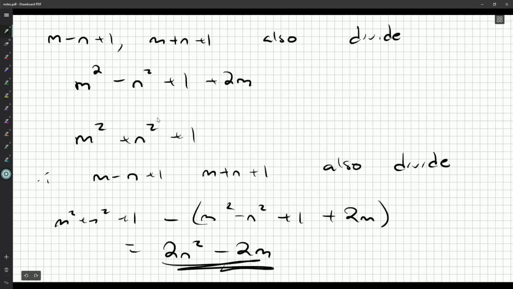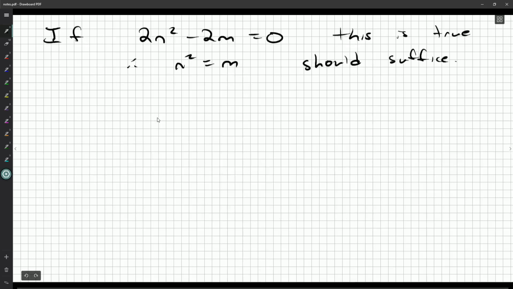But, well, I guess we could say something like m squared plus n squared plus 1 would then be n to the 4 plus n squared plus 1.